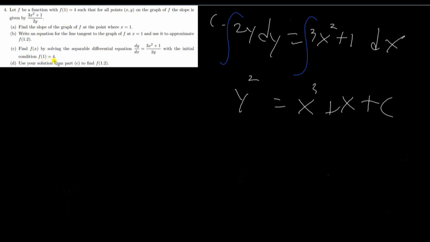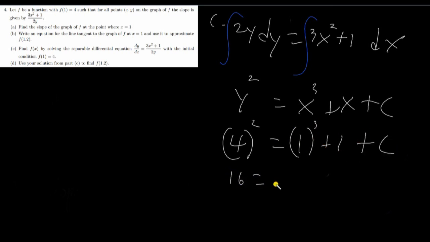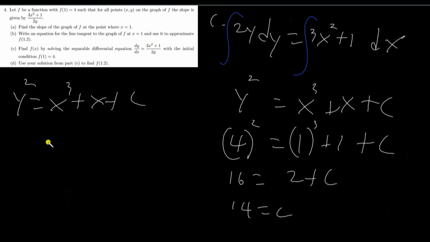Well, since f of 1 equals 4, I can plug in (1, 4) in here. So 4 squared is equal to 1 cubed plus 1 plus c. 16 is equal to 2 plus c, and 14 is equal to c. Putting that back into my original equation gives me y squared is x cubed plus x plus c, and since c is 14, I can write 14 there.